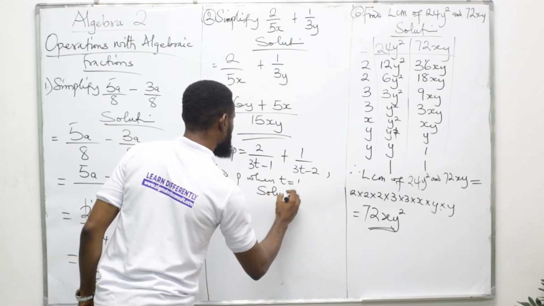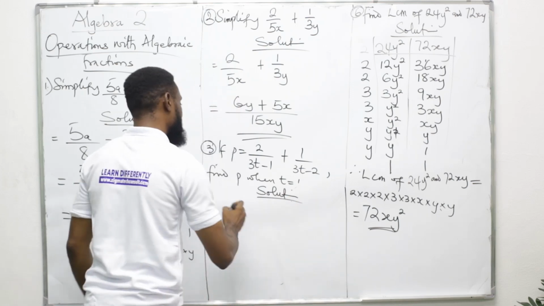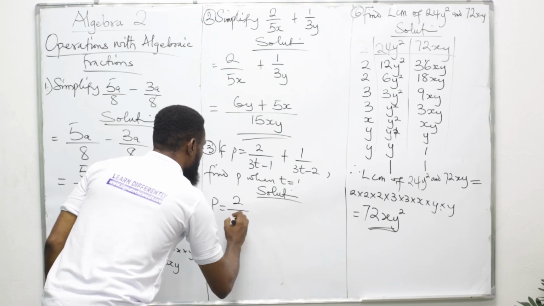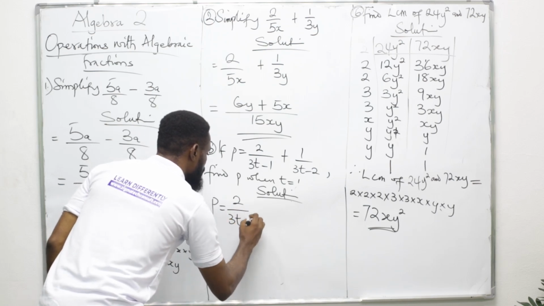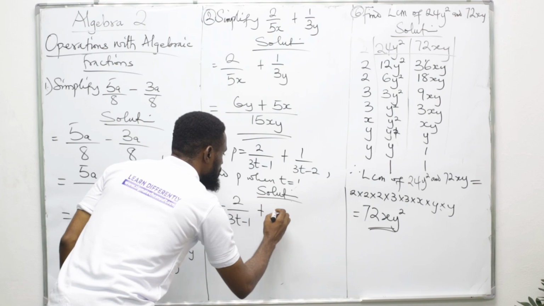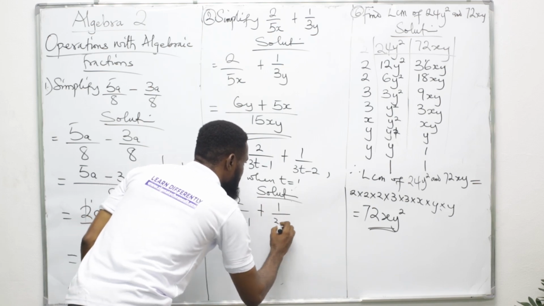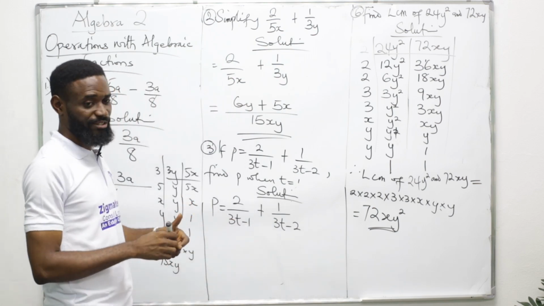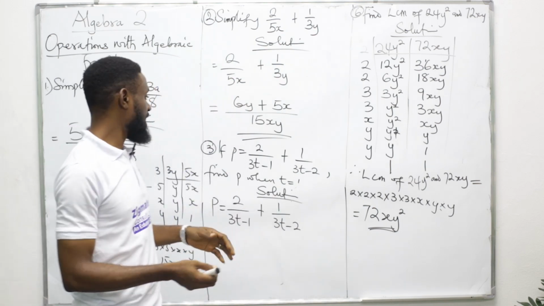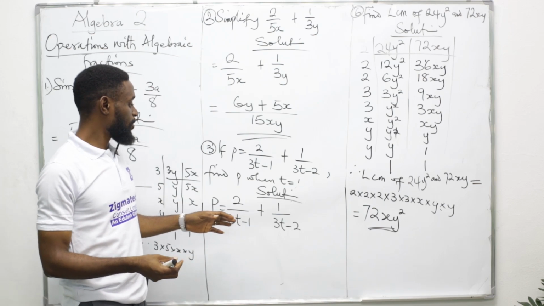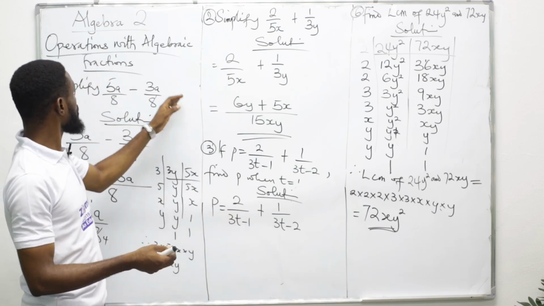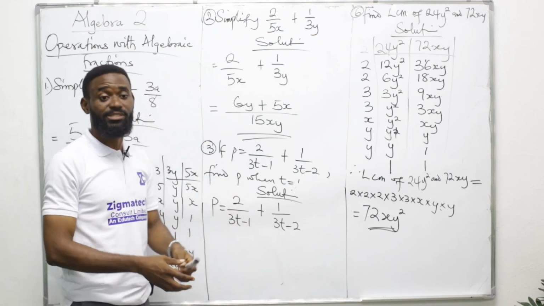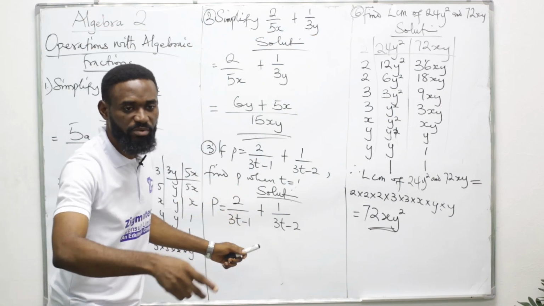Solution. So they are saying that P is equal to 2 over 3t minus 1 plus 1 over 3t minus 2. So this is actually a substitution question, though it has an algebraic fraction in it. This is an algebraic fraction, but it's a substitution question. So they say we should find the value of P when t is 1.